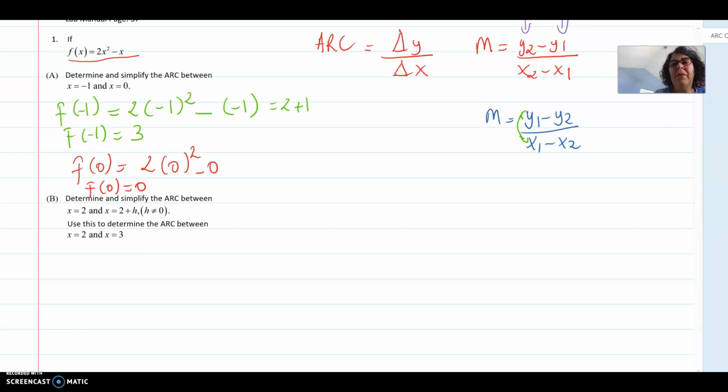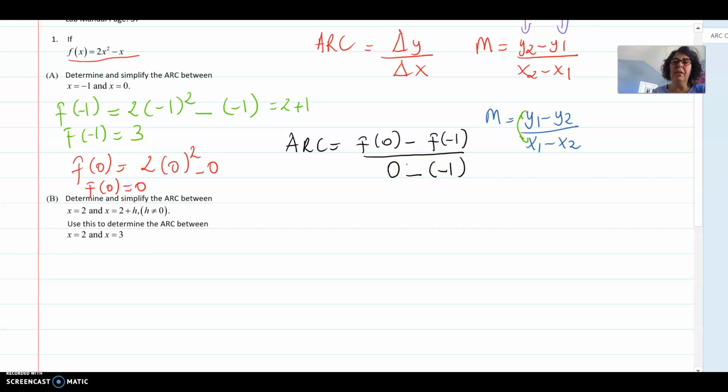Okay, now average rate of change. Let's say I decided to take f of 0 first. Then I'm going to take the f of -1 value after. Then I need to take x equals 0 minus x equals -1. Be careful with the minuses. That's another common mistake with students.